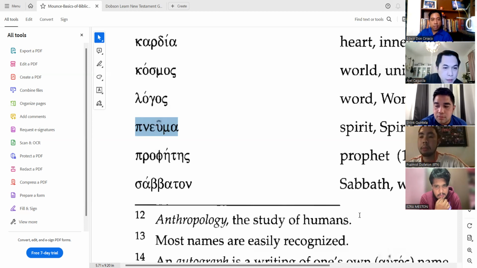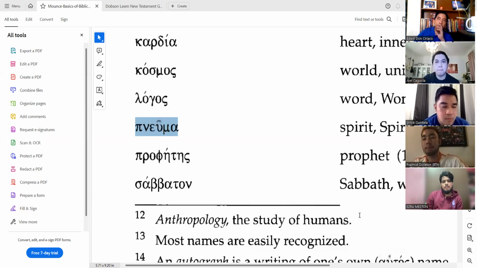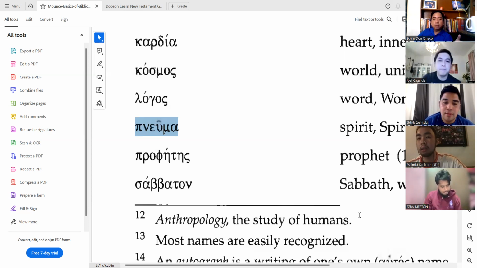So pneuma. Just a small P. Do not put emphasis on the P because it will make your reading slower. Pneuma. So at least you can hear the P. That's what's important, right? Okay.